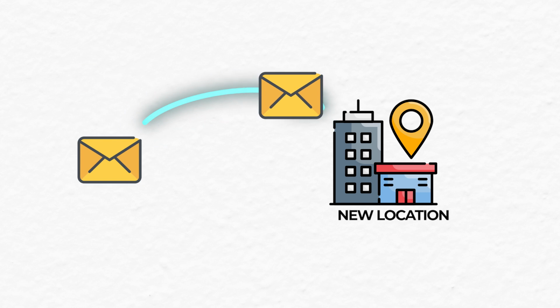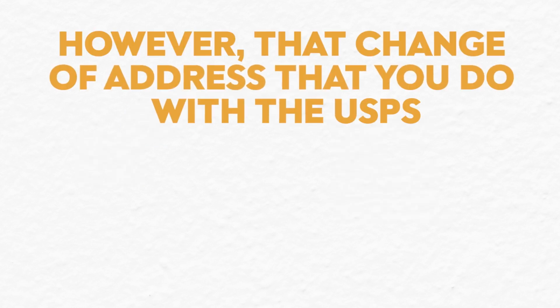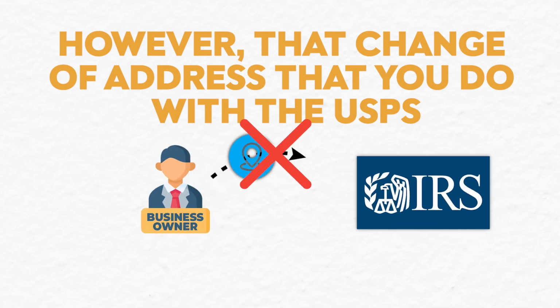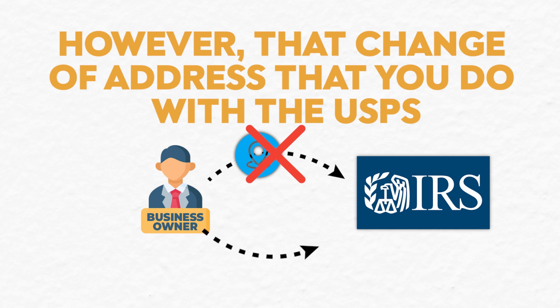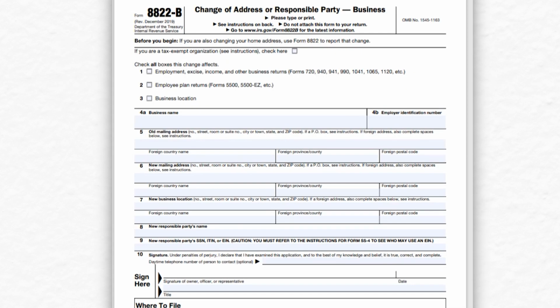However, that change of address with the USPS does not automatically update your address with every agency, especially the IRS. If you want the IRS to have your current address, you need to use Form 8822B to specifically update your address on file with the IRS.